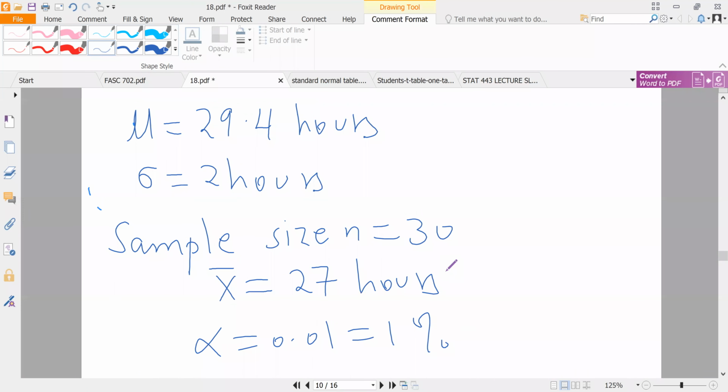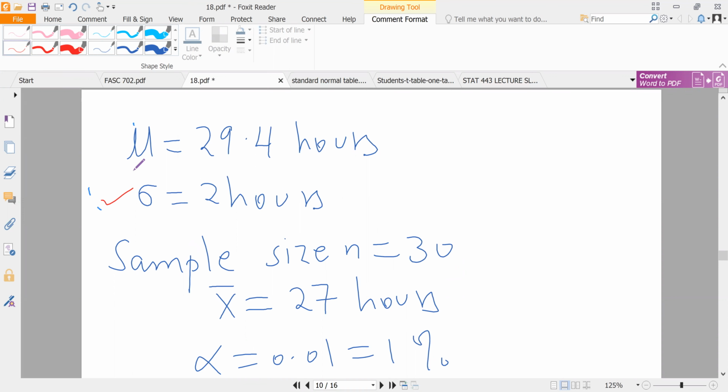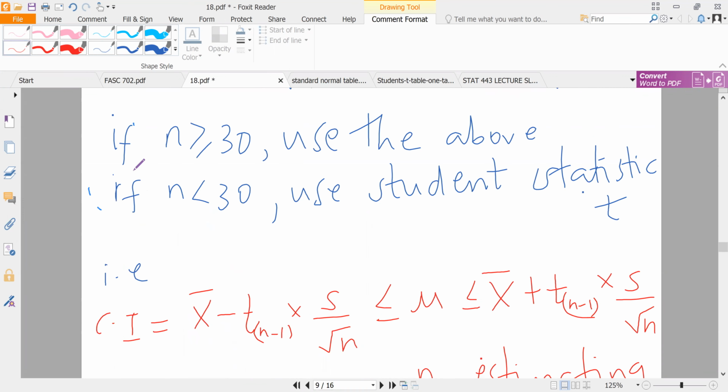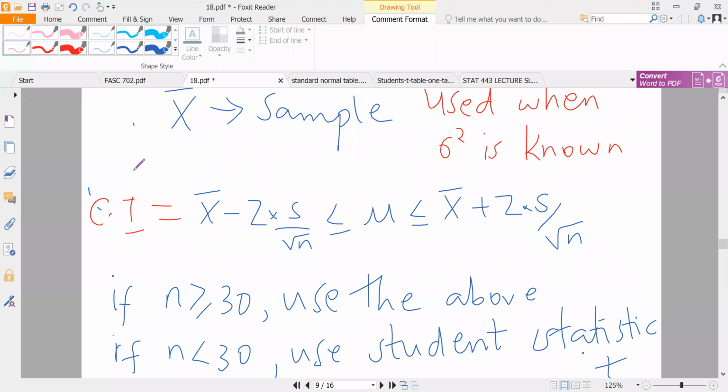In this particular case, because N is equal to 30 and the population standard deviation is known, then what we are going to use is this expression up here. Sorry, not that expression.